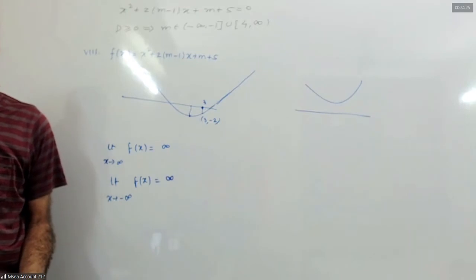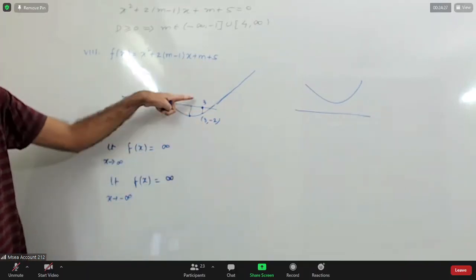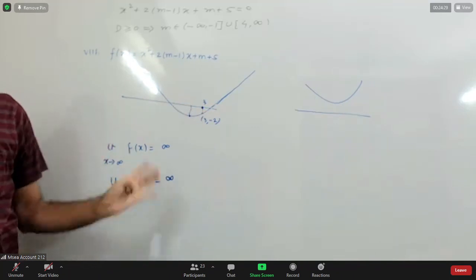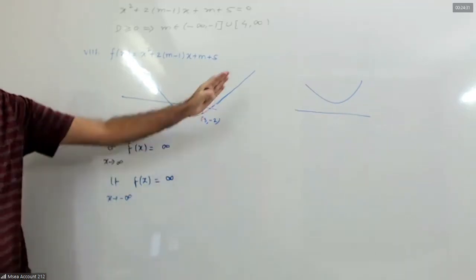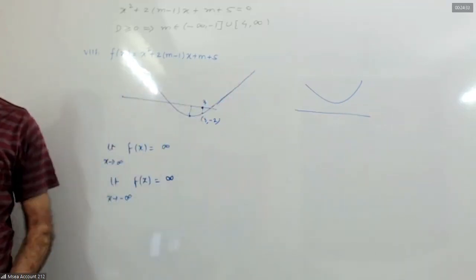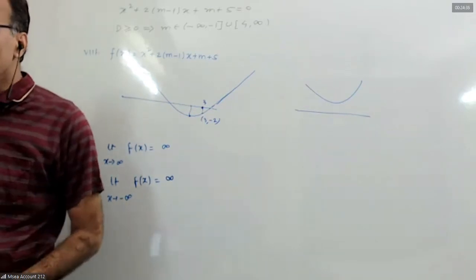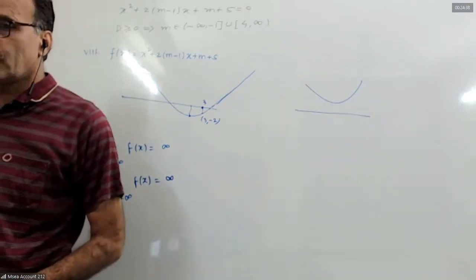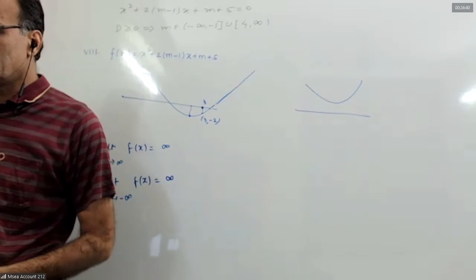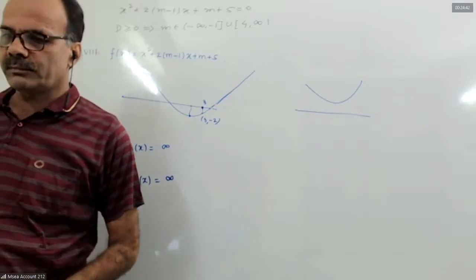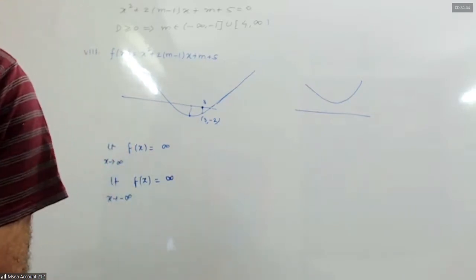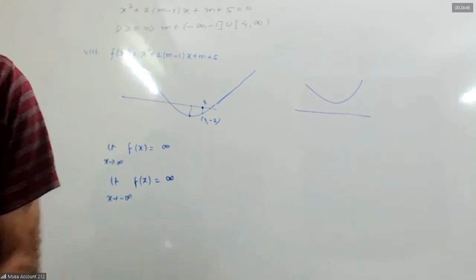Okay, so automatically it is below the x-axis. Some part of the graph is below the x-axis, so it will meet the real axis. So it will have real roots.